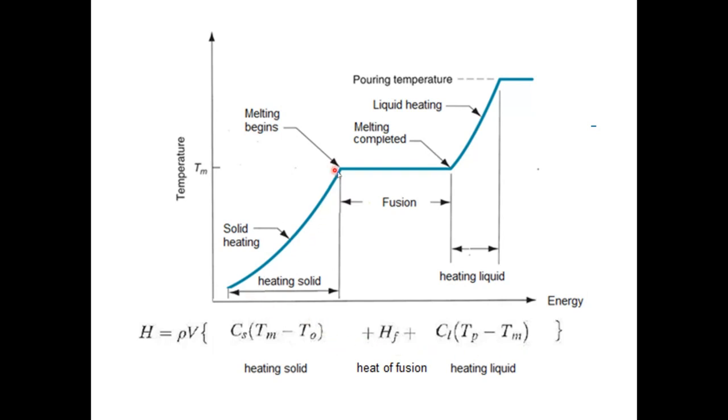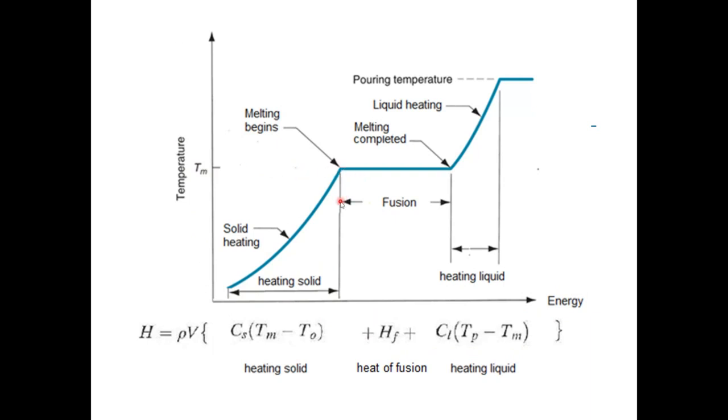And if we take a look at this diagram here, on the vertical axis we've got temperature against time and also energy. As you can see, first we need to apply some energy which is used in order to heat the material when it is in the solid state from ambient temperature to the melting temperature, up to this point.